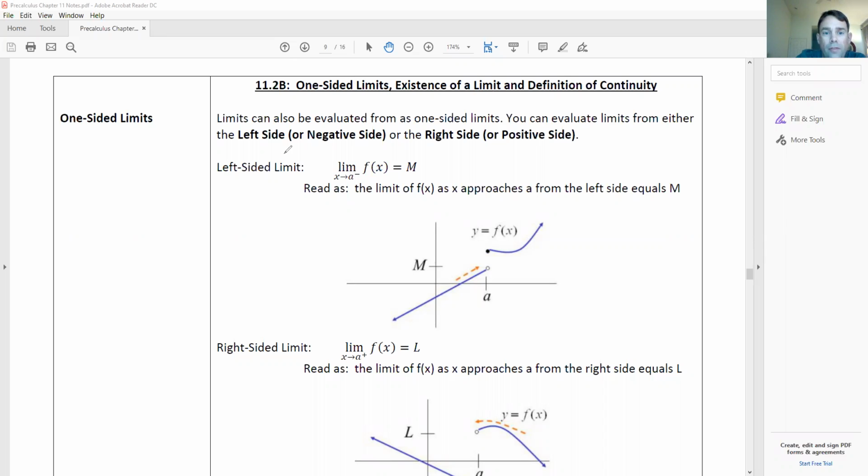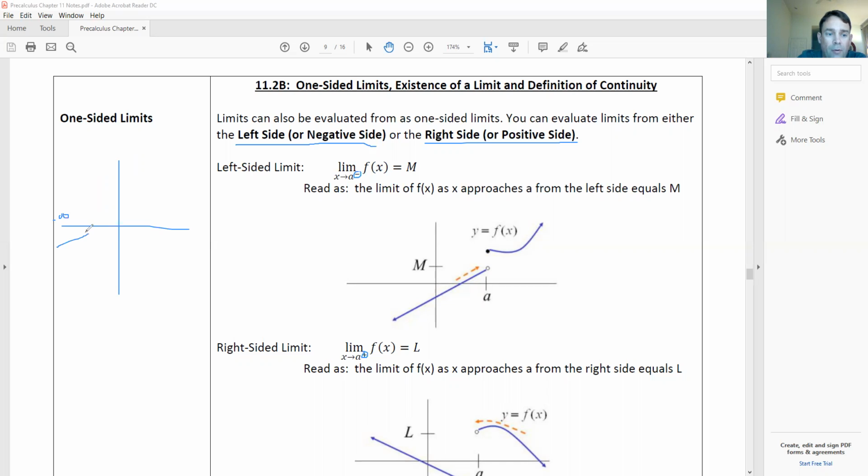So the next thing we're going to look at is something called one-sided limits. Now, one-sided limits are limits that deal with either limits from the negative side or limits that come from the positive side. One of the reasons they call them negative limits is because if they're coming from the left, that means they're coming from negative infinity.